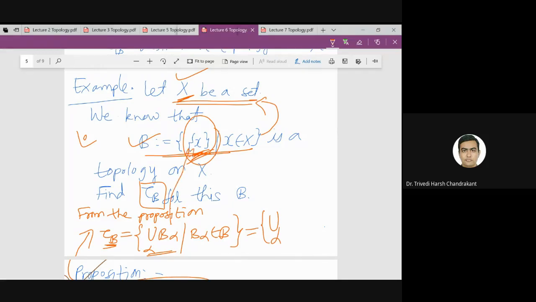B alpha is the elements of B. So that means it is the union of all singletons {x}. So here I am not using alpha. So basically the union of {x}, x in X. So now you tell me what this set is. If I take the union of, suppose there are two elements x and y in X, does {x, y} belong to this set?